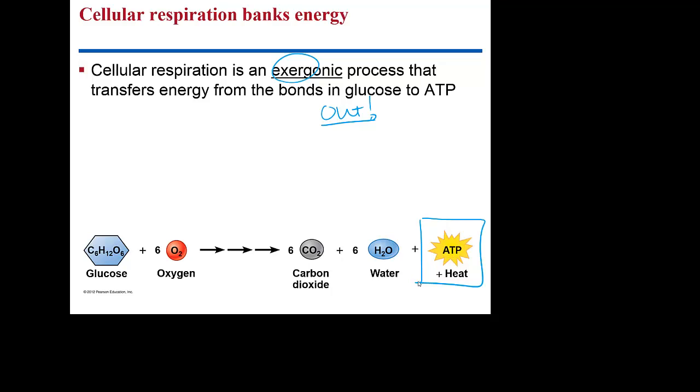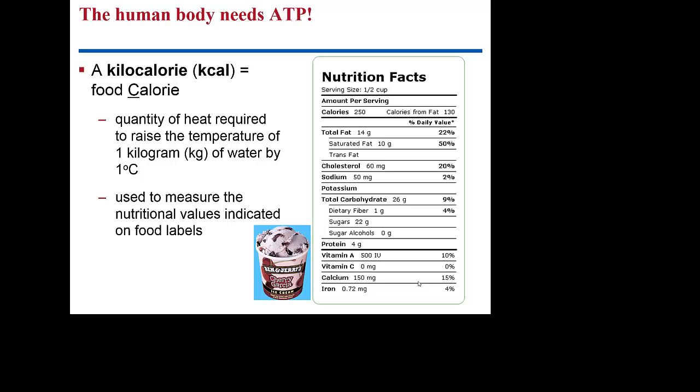So this transfer of energy in food comes from the idea that your food is made up of calories, and calorie, actually with a big C on your nutrition labels, okay, is equivalent to a kilocalorie, or 1,000 little c calories.